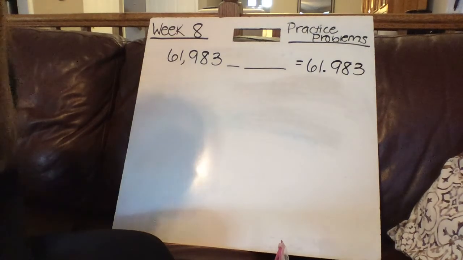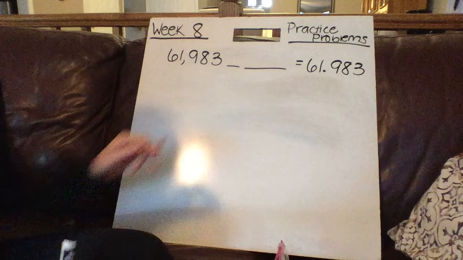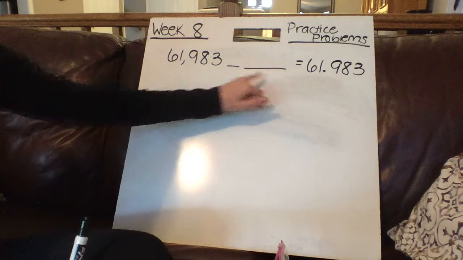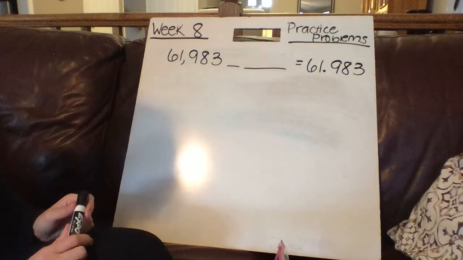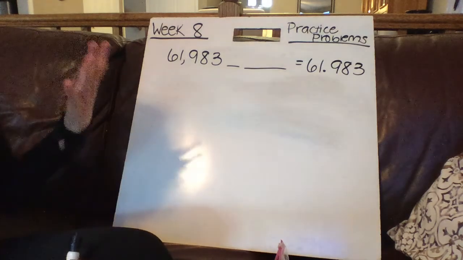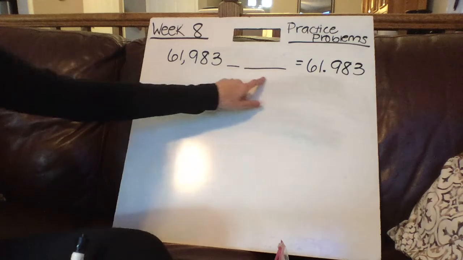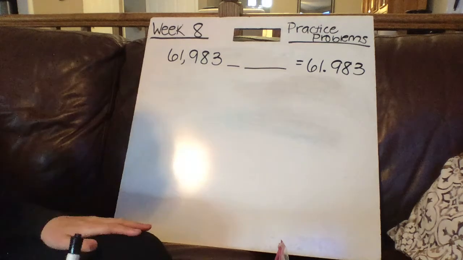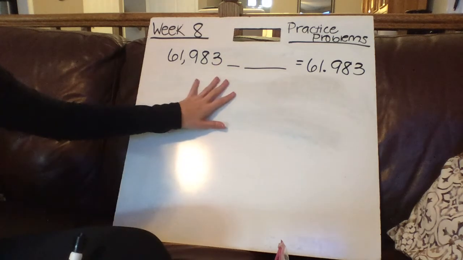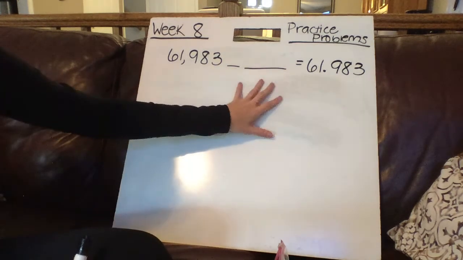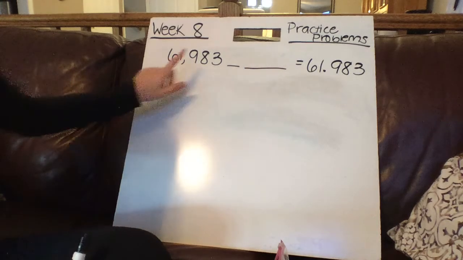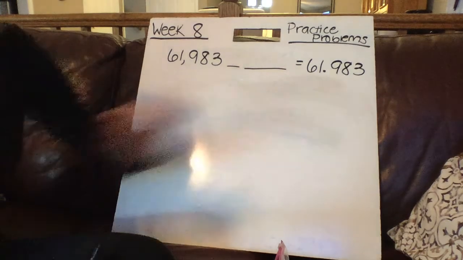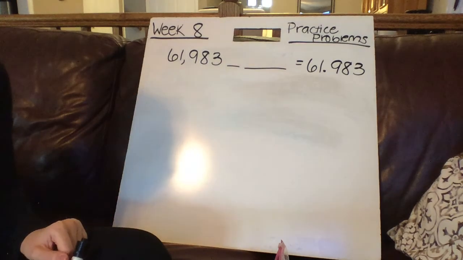Okay, so for this one, looks a little tricky, but you're trying to fill in the blanks here. You want to fill in the smaller blank with multiplication or division, and you're looking for a power of 10 for this blank. So are we multiplying or dividing by 10, 100, or 1,000 to get from this number to this number? Now these numbers look very similar.